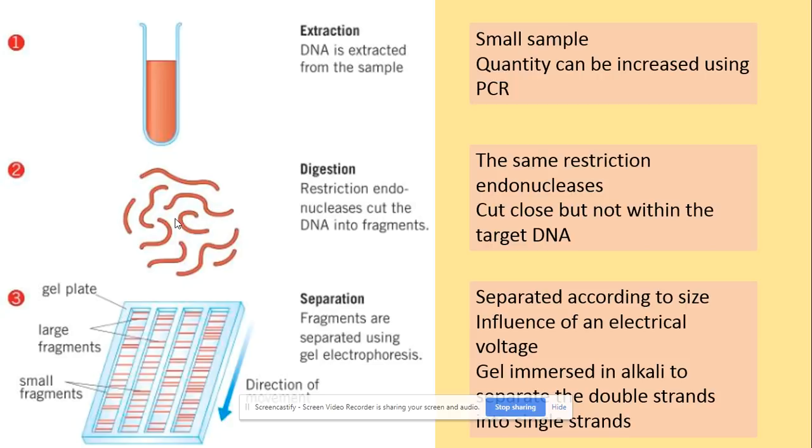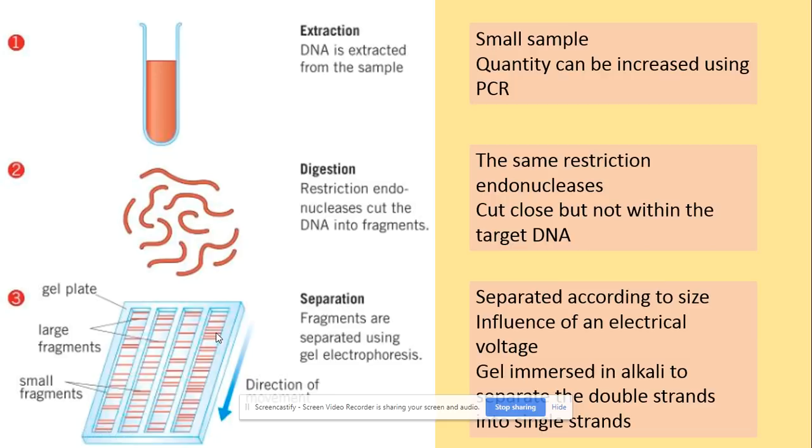Okay, and then it's the separation. We did mention that DNA is negatively charged and will move towards the positive charge. So the fragments of DNA are separated using gel electrophoresis, according to size. The smaller fragments travel the furthest distance, while the large fragments will travel shorter distances.